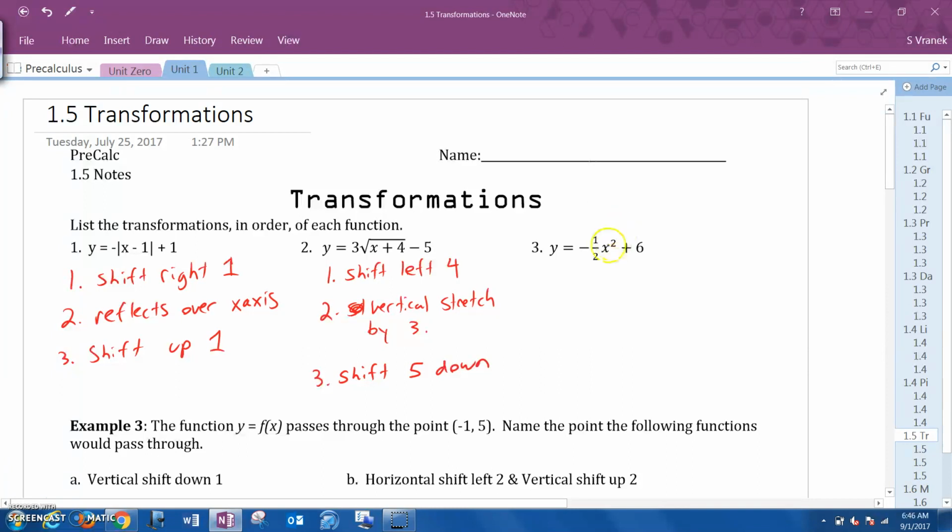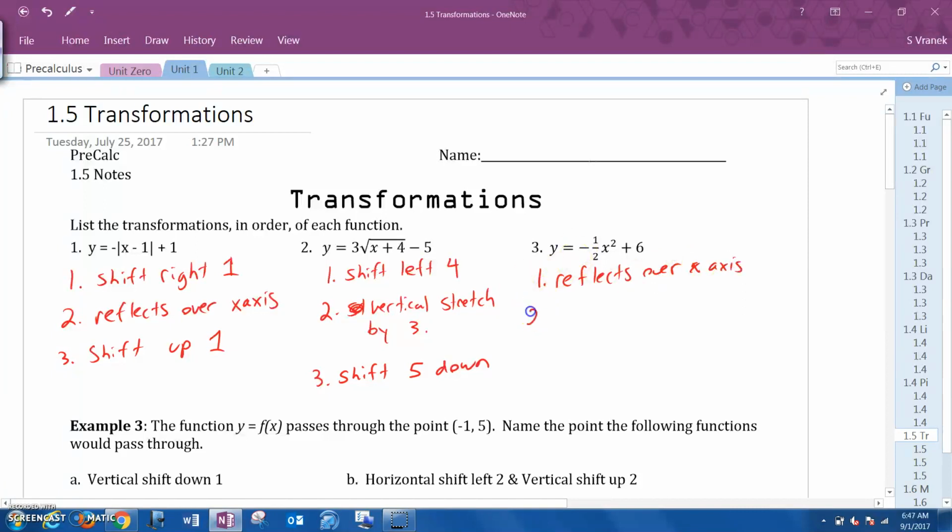Alright, so you have to be careful here because when you look at this, you have to think this x squared is still the parent function. So there's nothing going on inside with the x squared. So really we're not doing anything in the horizontal direction here. We're only working vertical. So I'm going to work with this first. That thing reflects again over the x-axis.